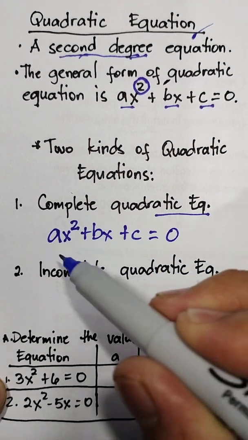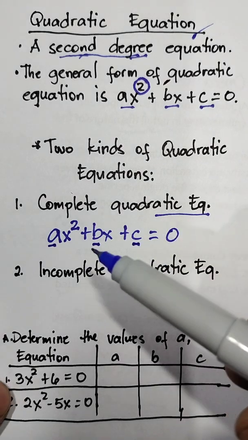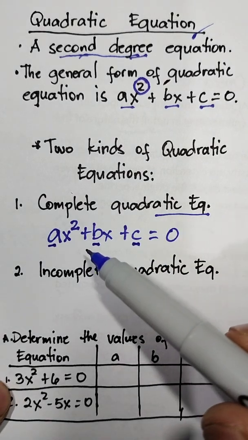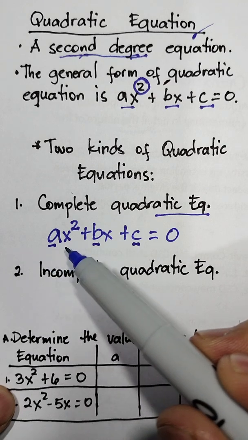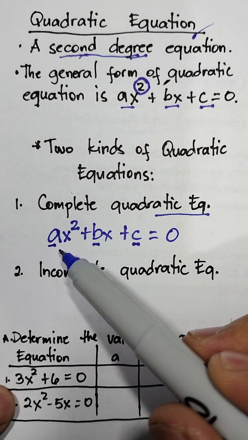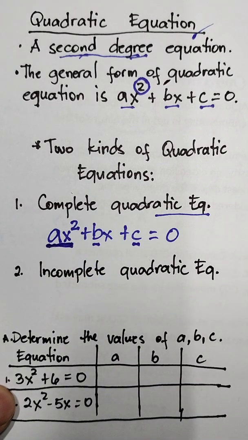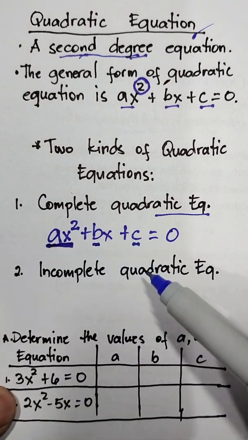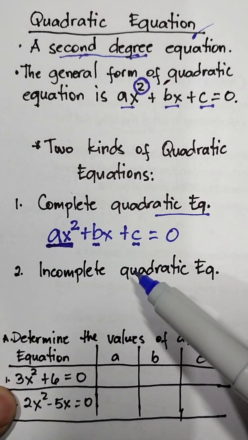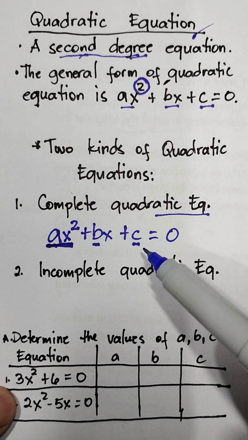We have the value of a, b, and c, where a is not equal to 0. It should not be equal to 0 because if it is 0, our first term vanishes and it becomes a linear equation. And a, b, and c are constants. Remember, a, b, and c are constants.